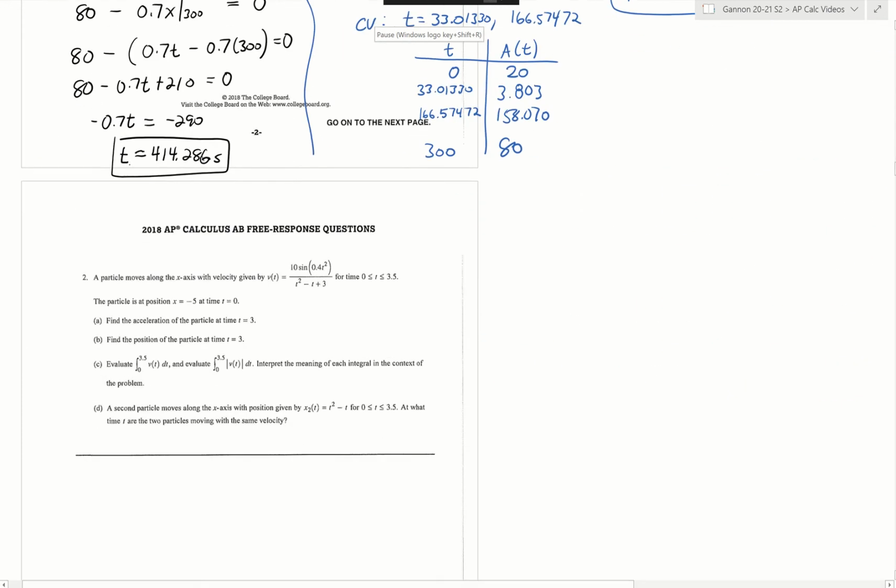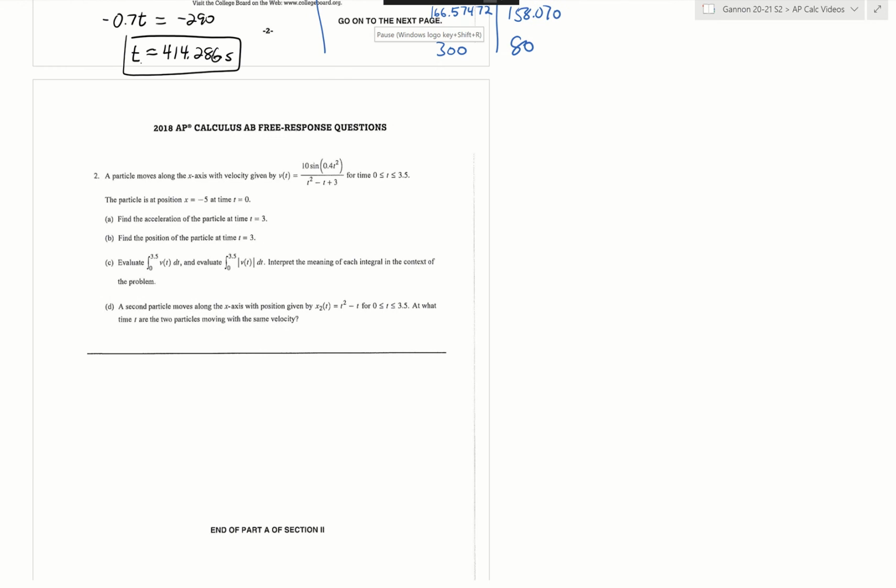All right, so if we move on to question 2, let's see what it says. Again, question 2 is another calculator active question. A particle moves along the x-axis with velocity given by v of t equals 10 sine of 0.4 t squared over t squared minus t plus 3 for time t greater than or equal to 0, less than or equal to 3.5.